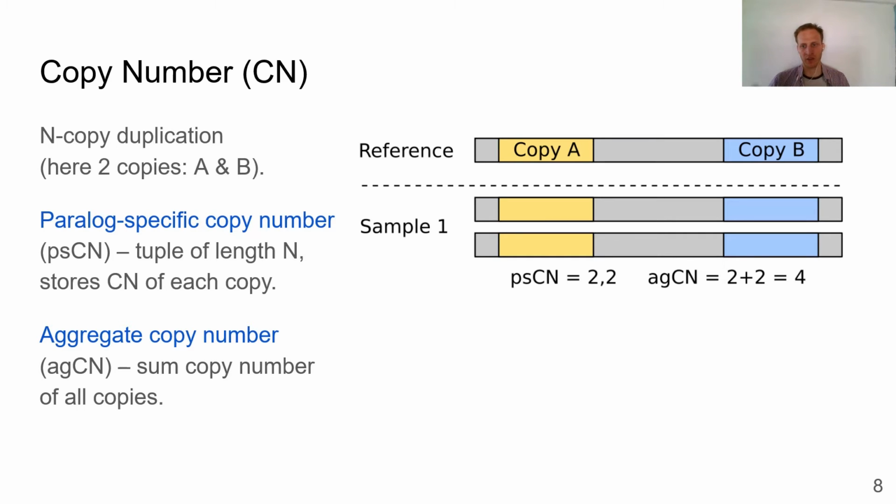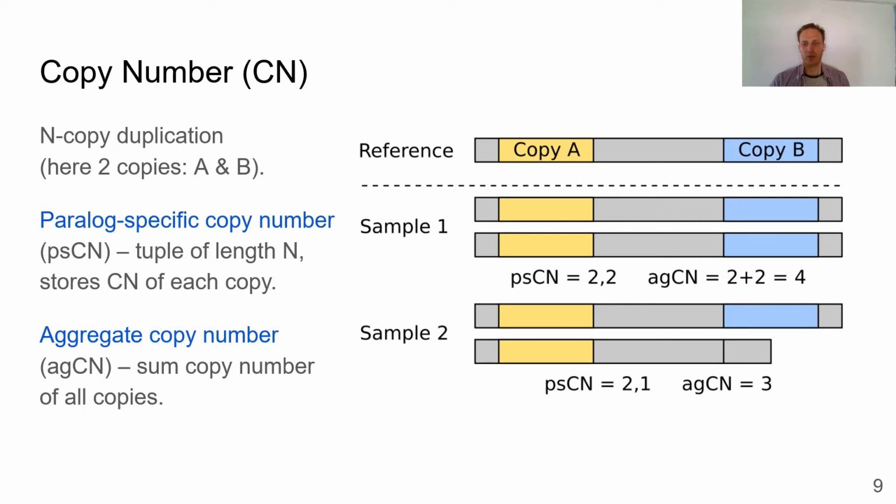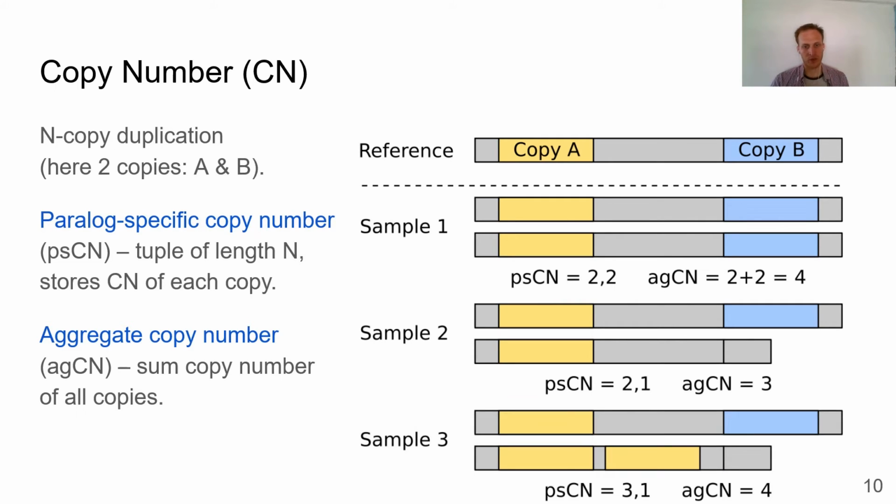Aggregate copy number is a sum over PSCN. It's possible that a copy is missing. For example, PSCN here is 2,1 for sample 2, and aggregate copy number is 3. The other way around, there can be an extra copy. For example, sample 3 here has 3 copies of copy A. You can notice that its aggregate copy number is the same as sample 1.